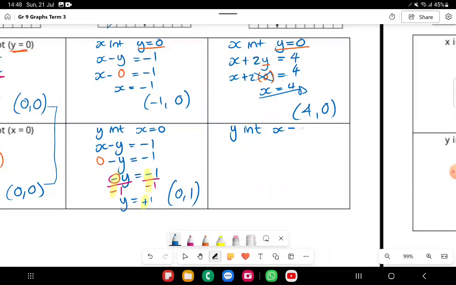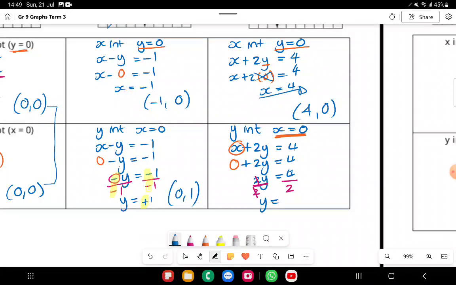Y-intercept, x equals 0. X plus 2y equals 4. X is 0, so that's 0. 0 plus 2y equals 4. 2y equals 4. I'm going to get rid of this 2, divide by 2 on both sides so that those two cancel out.